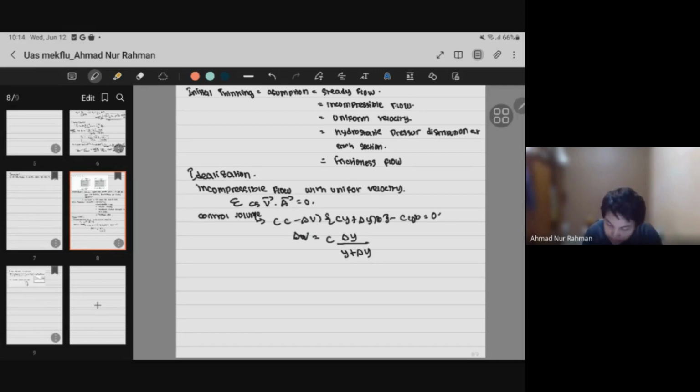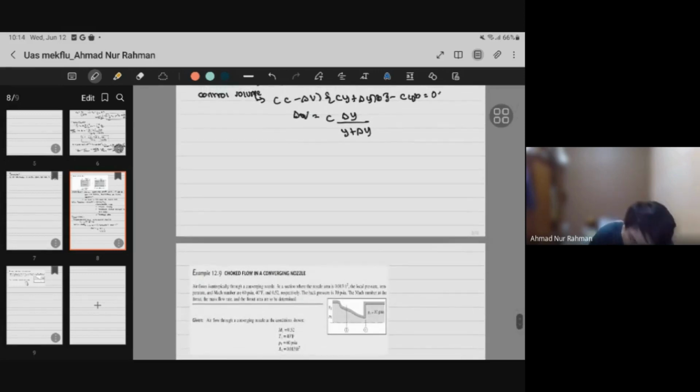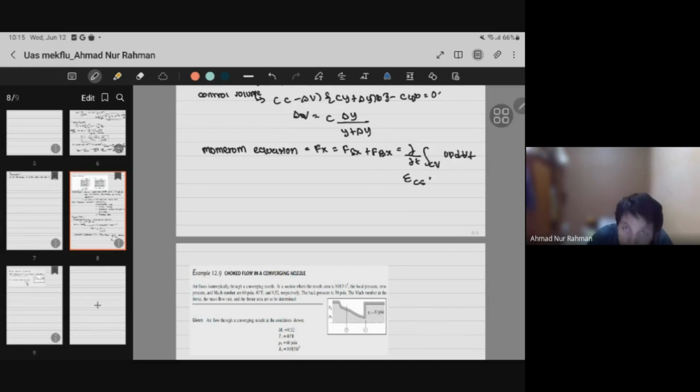For the momentum equation, again with the assumption of uniform velocity at each section, we use the following form of the x component of the momentum equation: Fx equals Fsx plus Fbx equals d per dt of integral over CV of u rho dV plus integral over CS of u rho V dot dA.